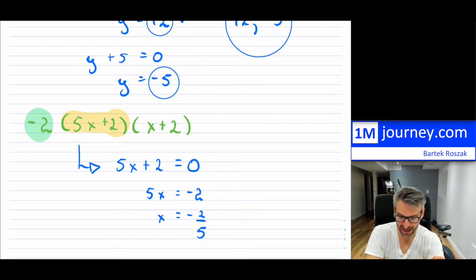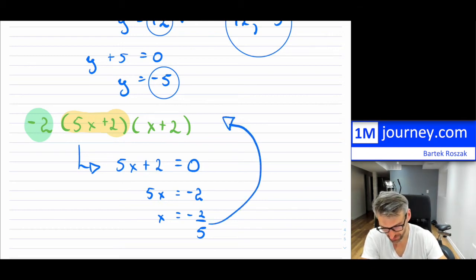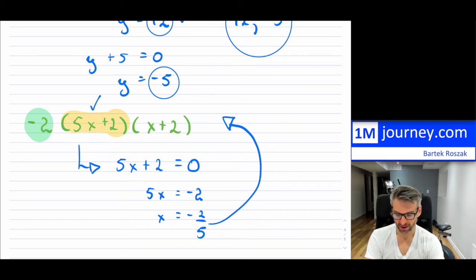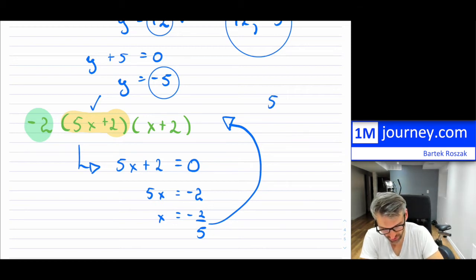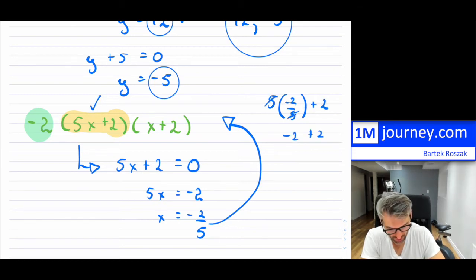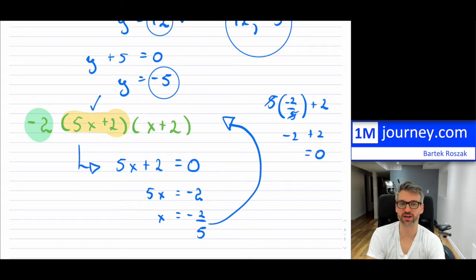And what that means is, if I substitute this into this expression, this factor is actually going to be 0. Notice that for that factor, you substitute -2 over 5 plus 2, and so the 5s would cancel and you would get -2 plus 2, which is just 0, which would make the expression 0.